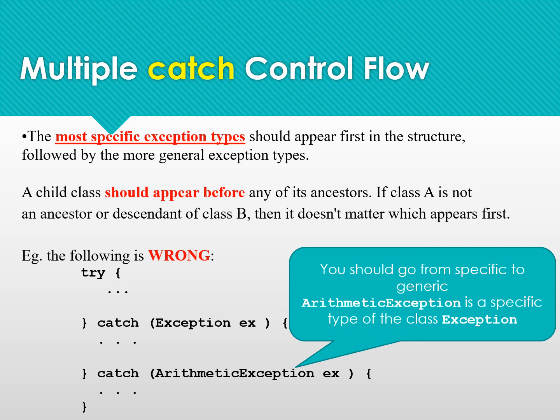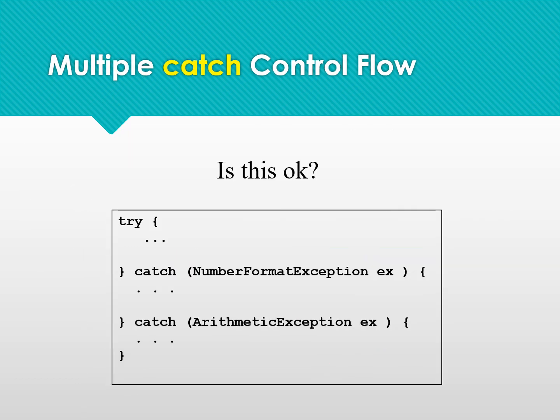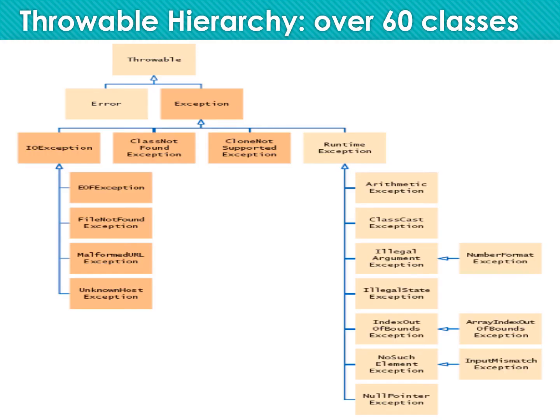So the way to organize it, you need to put ArithmeticException first and then Exception later. How about this? NumberFormatException and ArithmeticException. Will this be okay? You have to go and check here. NumberFormatException is here, ArithmeticException is here. So the more specific one is NumberFormatException, so you have to put it first, followed by ArithmeticException.